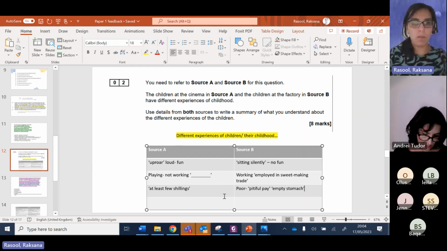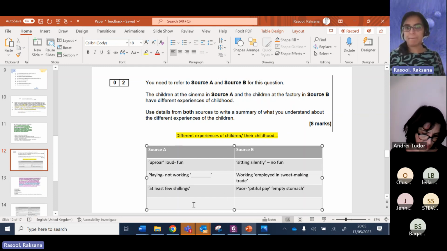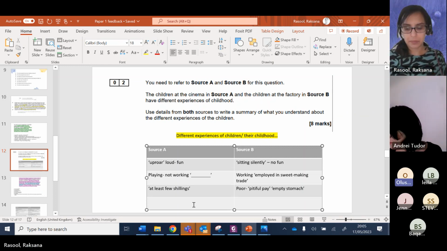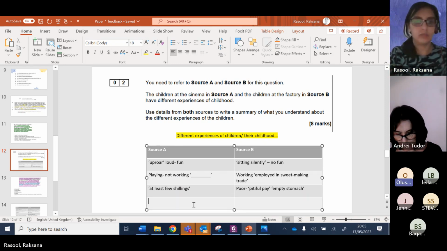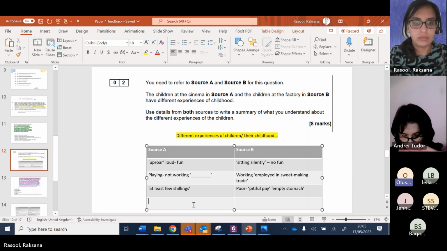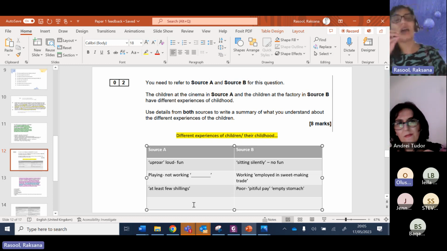One more then. Is there one more that we can have to compare or contrast, sorry? Go on, Sula. In source A, being paid to enjoy, then in source B, being paid to work. I couldn't hear you then.